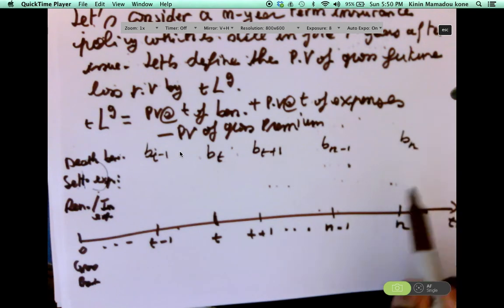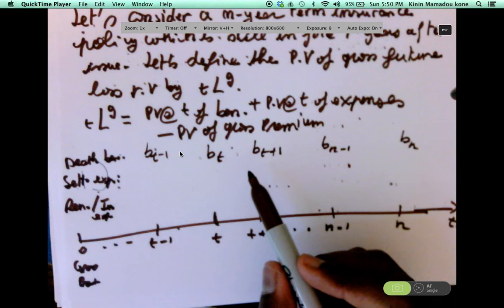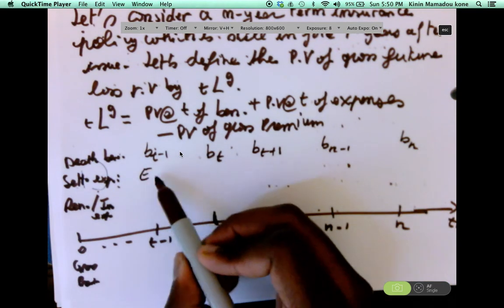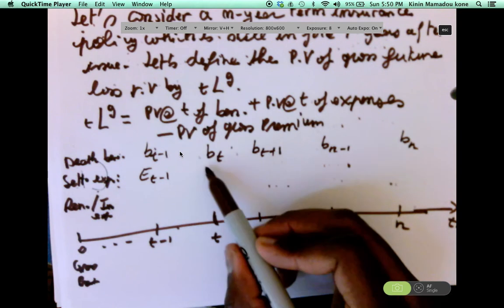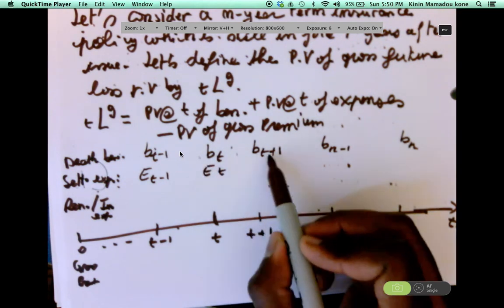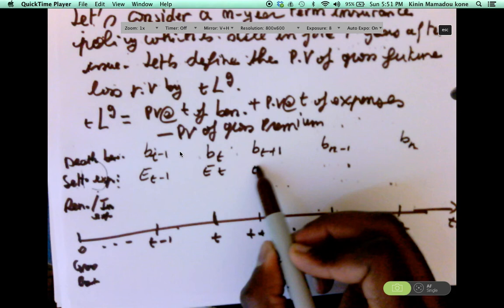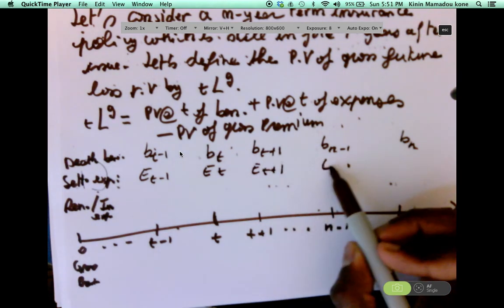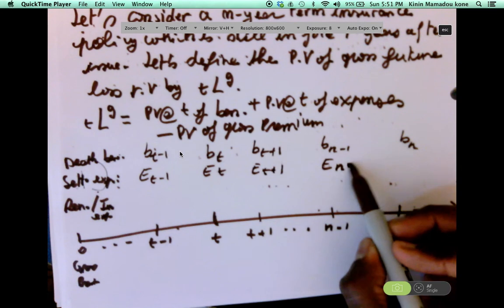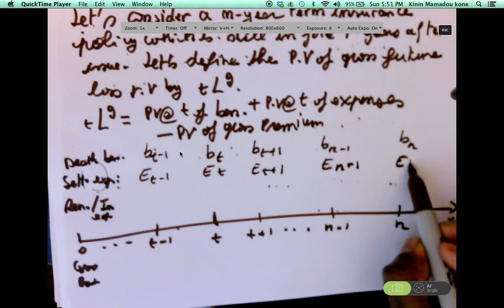For a settlement expense, it's the same thing: you expect the person to die, so it starts to be valued at time t plus 1, E n minus 1 here, and E n.